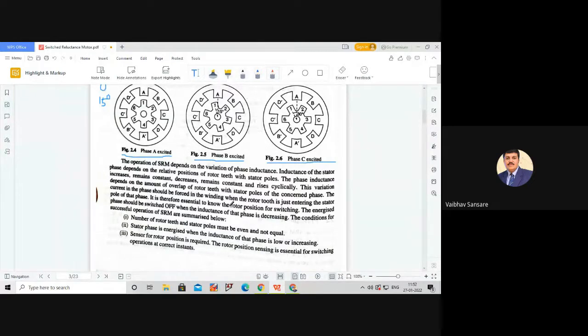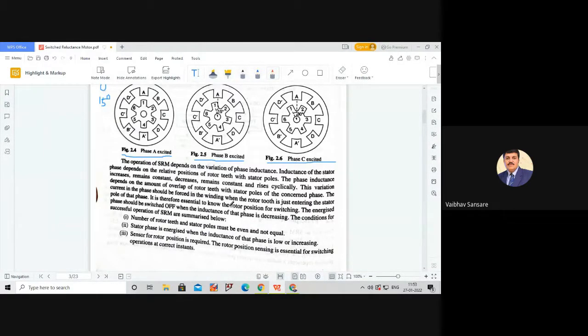These phase inductances of a stator phase depend upon the relative position of the rotor teeth with the stator poles. So phase inductance may increase, remain constant, decrease, remain constant, and rise cyclically.